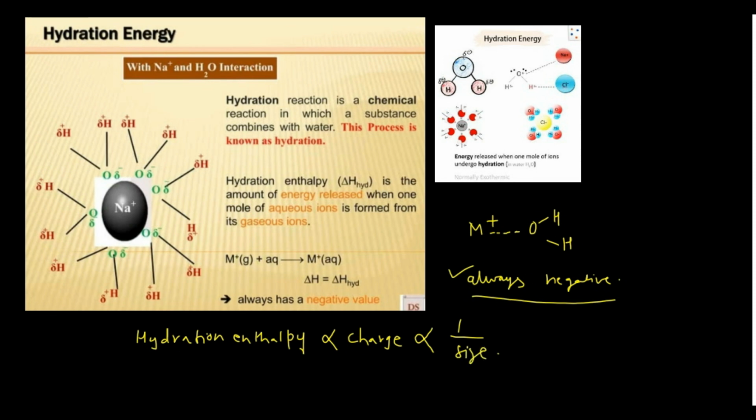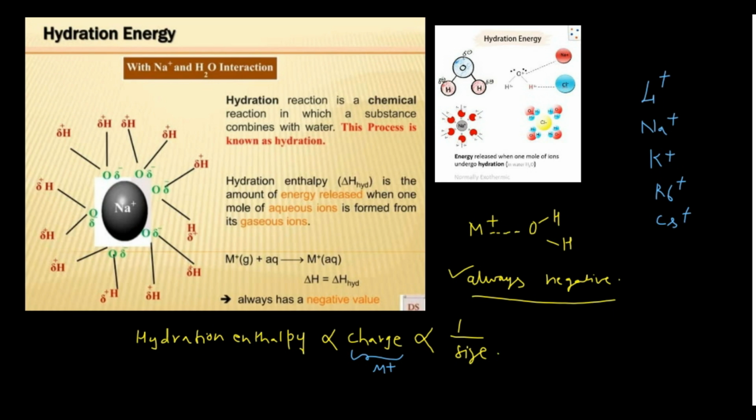When you are discussing the charge, for the alkali metals the charge is always positive, because lithium is positive, sodium is positive, potassium is positive, rubidium is positive, cesium is positive. That means in the case of the alkali metals, you are not comparing these alkali metals with the alkaline earth metals. Actually you are not comparing.